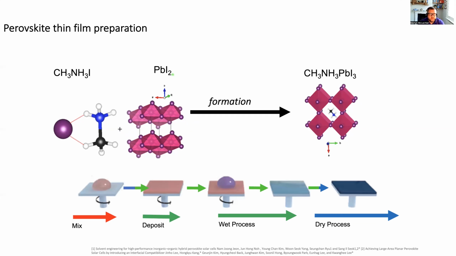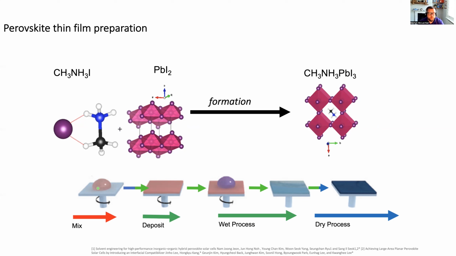The steps that are involved in this are actually a little bit more complex. It's not a one-step process, and we can split this up into, I think, 3 to 4 key stages. So in the first, we think about the mixing and the compositional control of our recipe, if you like, and the solvent selection that we use for depositing a film.